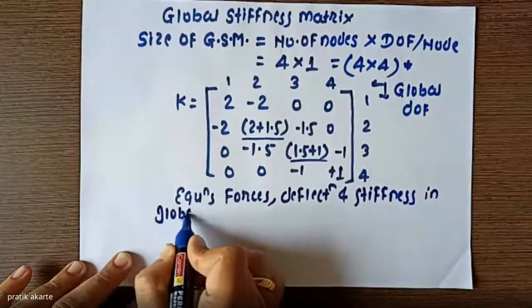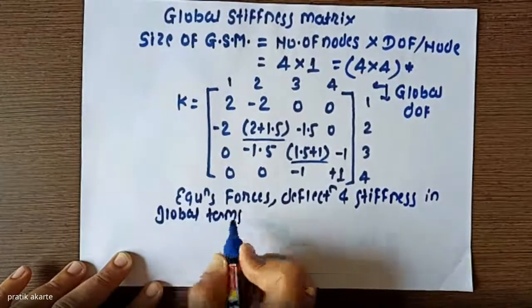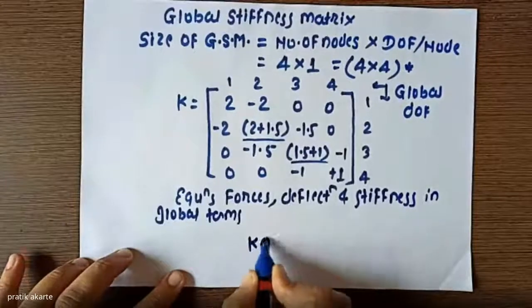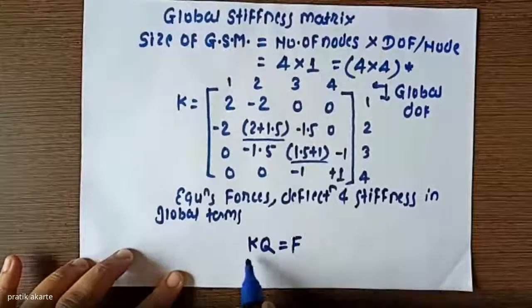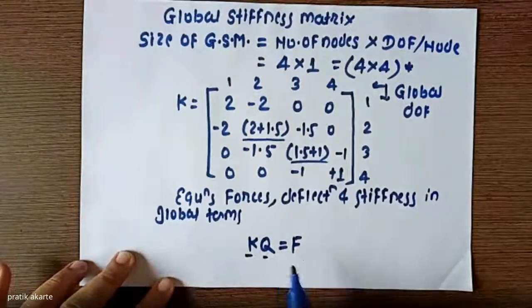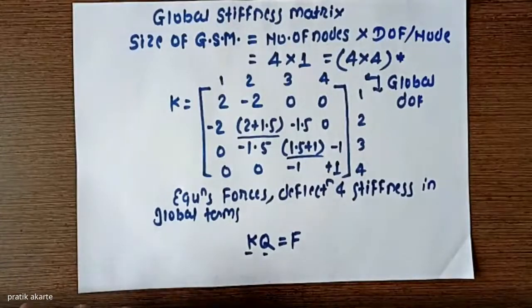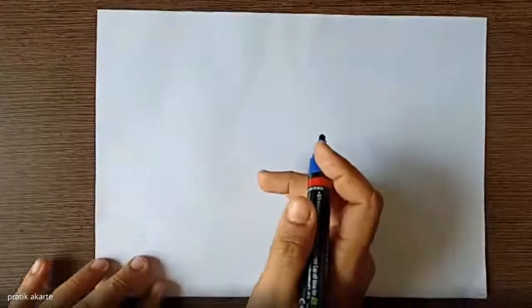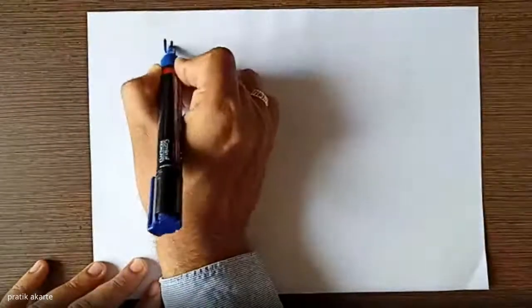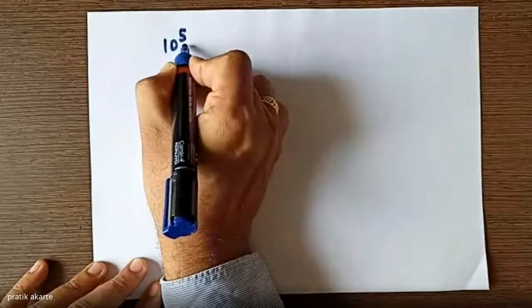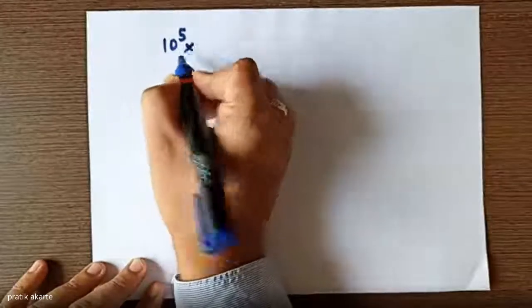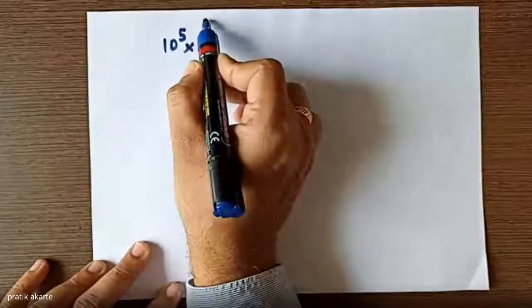In global terms, I have this equation KQ equal to F, where K is your global stiffness matrix, Q is your displacement vector, and F is your force vector. Writing the equations in global form, I'll write it as 10 to the power 5. Don't forget to write this because we took it as common, but it is a part of your global stiffness matrix.